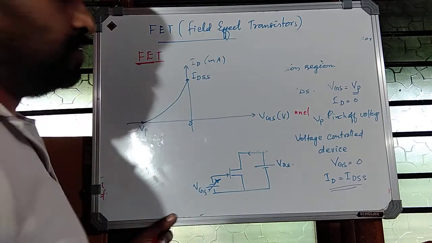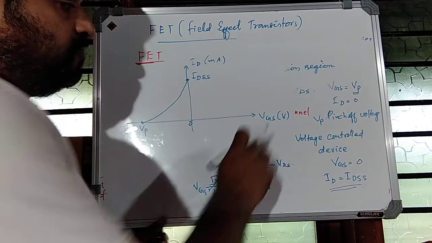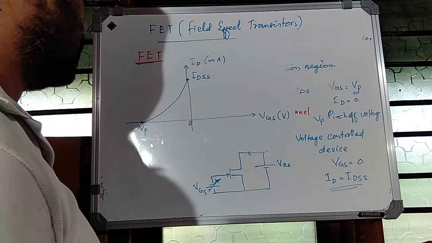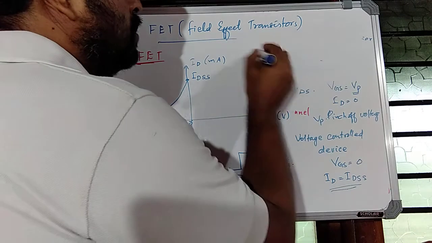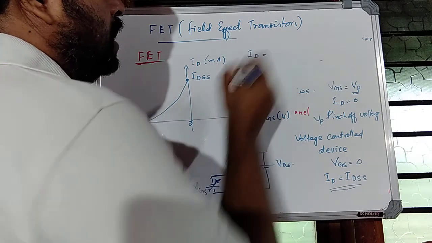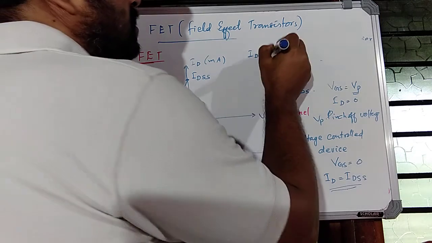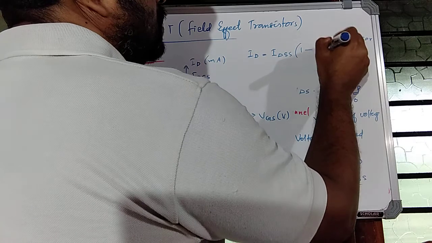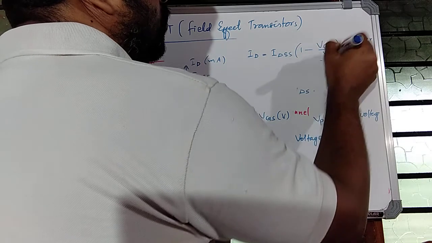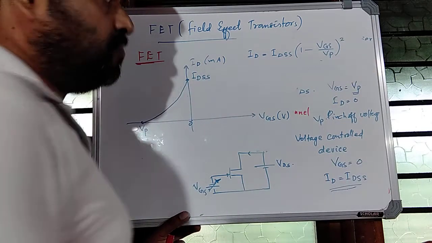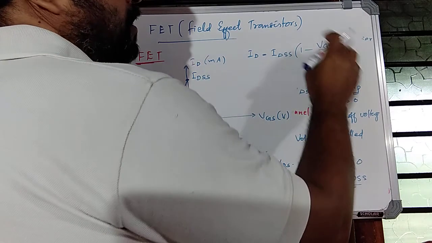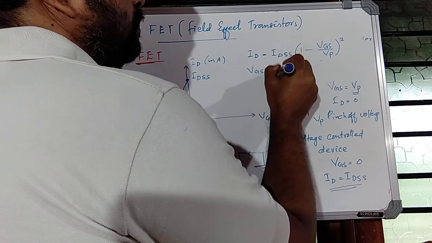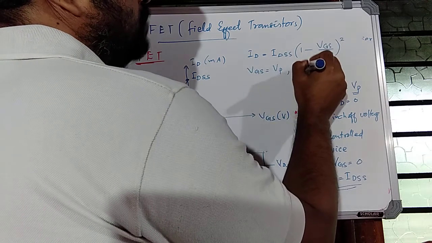This is the transfer characteristics, that is input voltage VGS versus output current, called the transfer characteristics. ID has a parabolic shape. ID can be written as IDSS into (1 minus VGS by VP) the whole square. When VGS equals VP, this term becomes 1 and ID becomes 0.